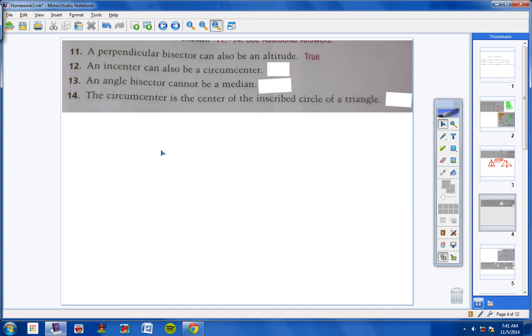Okay, number 12. An incenter can also be a circumcenter. Okay, now let's talk about what an incenter is. The angle bisectors of a triangle are what make the incenter of a triangle.